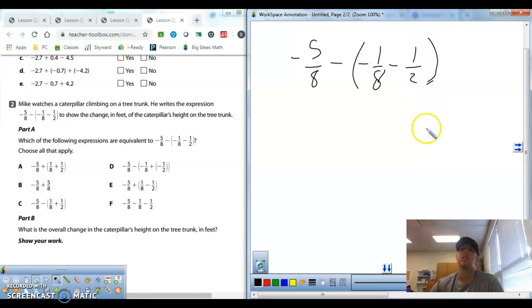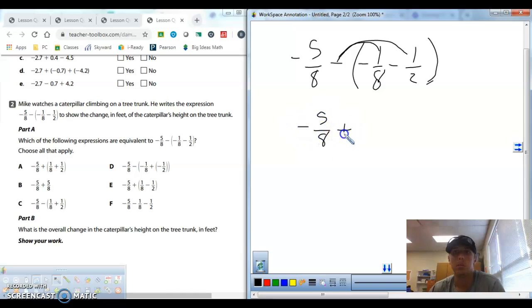Okay. So, in this one, we're subtracting this whole thing. Okay. So what you want to do here is you can distribute the negative to everything. That's one way. Okay. Or you can do parentheses first and then subtract the whole thing. I'm going to distribute the negative. Okay. So we got negative 5/8 plus 1/8 plus 1/2.